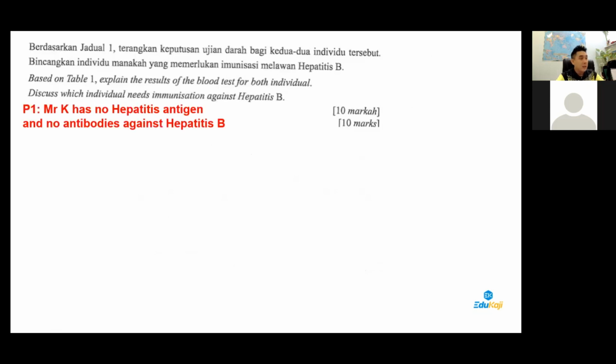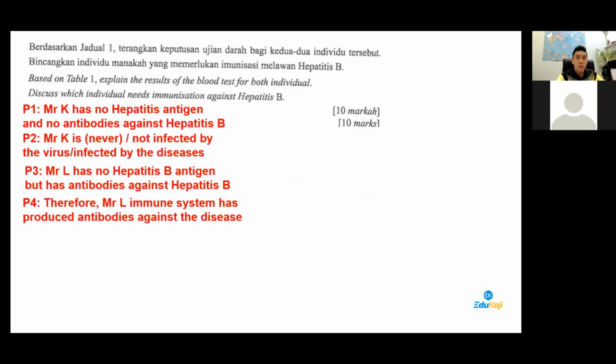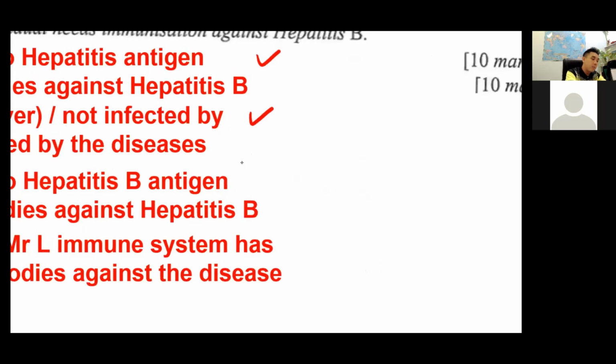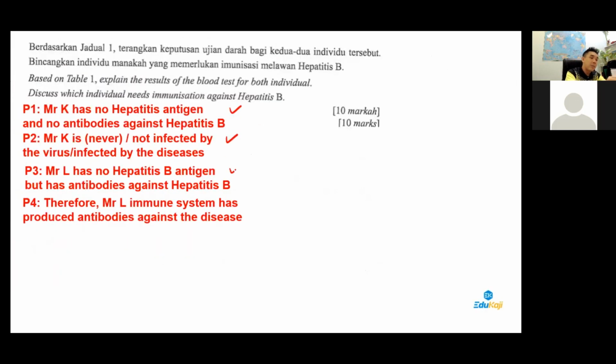Okay, let's look at it. Mr. K got no antigen for hepatitis, and he was not infected before. But on the other hand, because Mr. L has antibodies, he has been infected before.